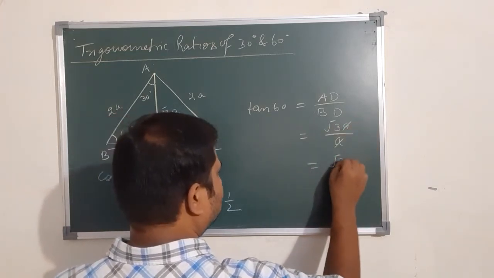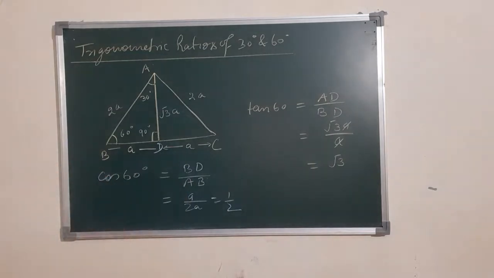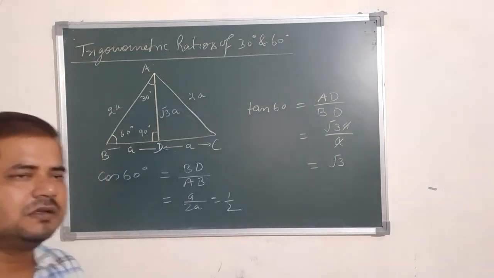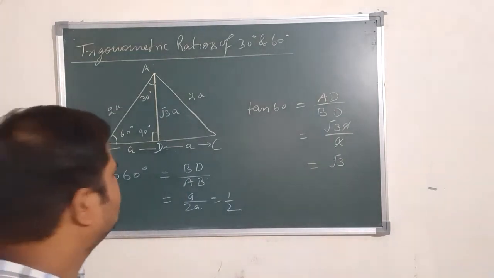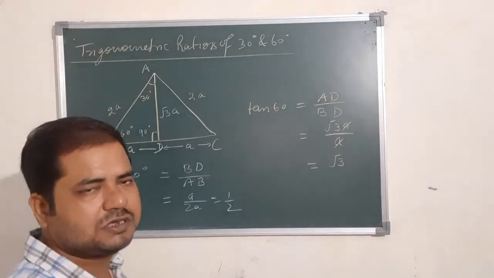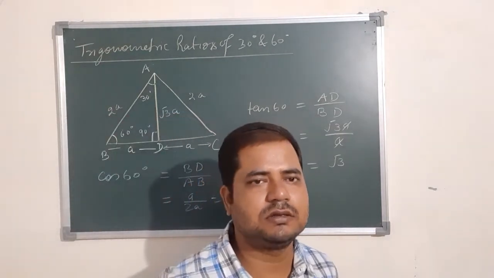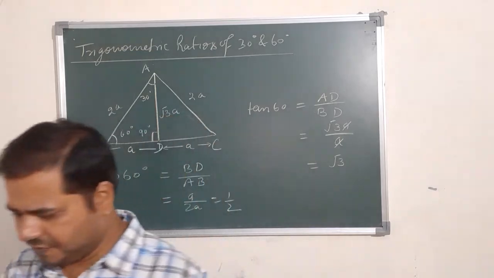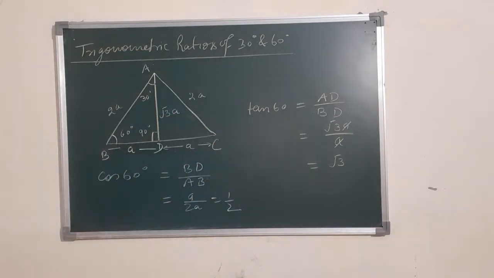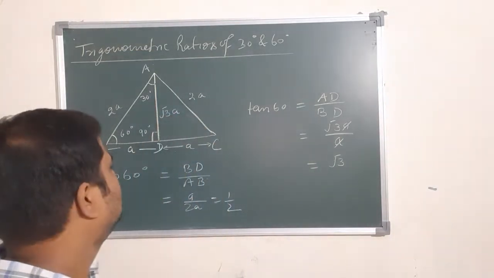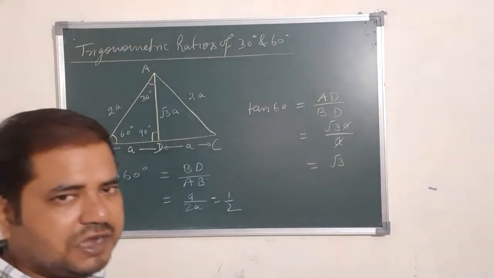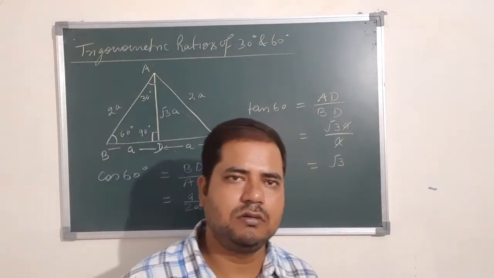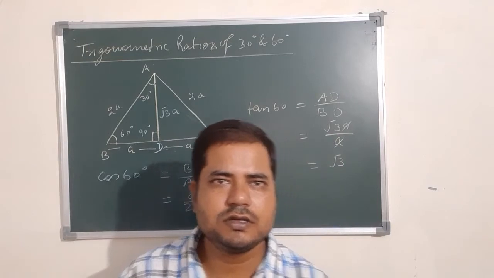So this is root 3. So this is the value of tan 60. Similarly, if you find sec 60, cosec 60, just reverse it. You know very well this is the reverse relation, so just reverse it and you will get the values of cot 60, cosec 60 and sec 60 all. Okay, so note it down fast.